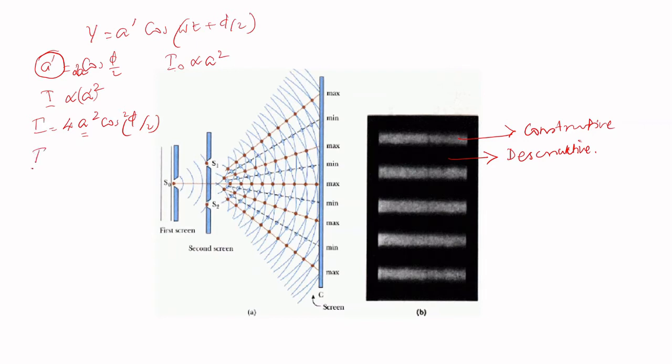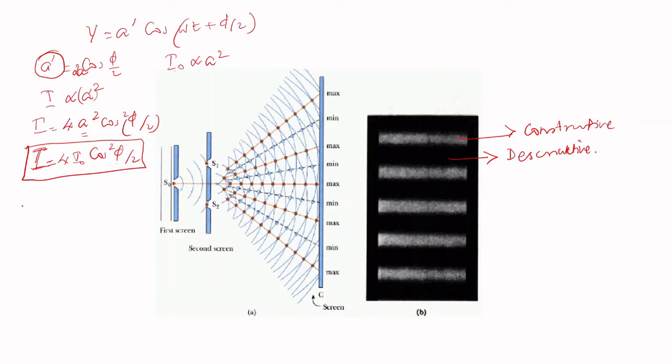So we can say I is equal to 4I0 cos square phi by 2 is the new intensity of the wave. Now if we give certain angle values for phi, we can find that the intensity is sometimes maximum and in some other conditions it is minimum.